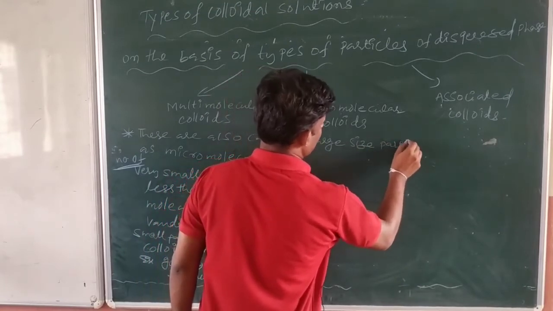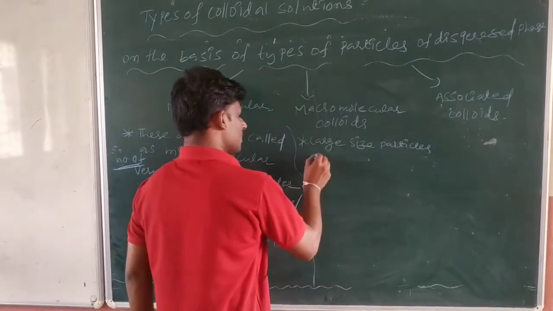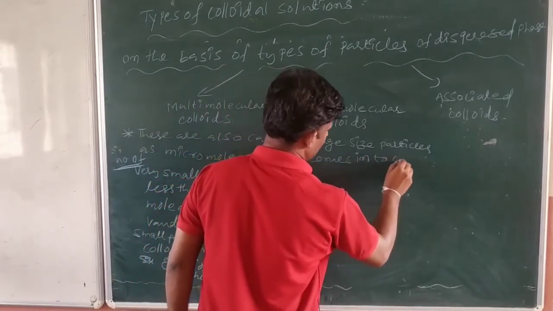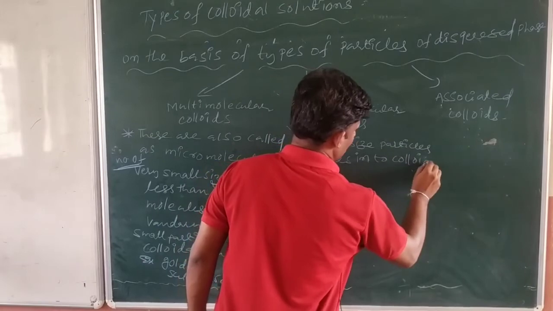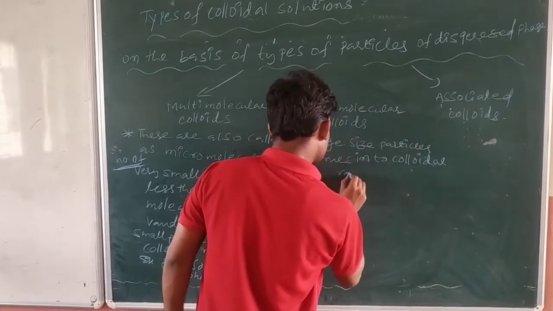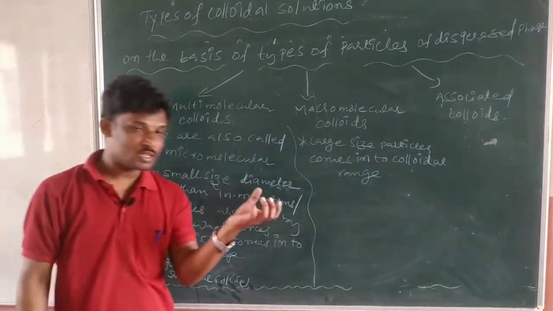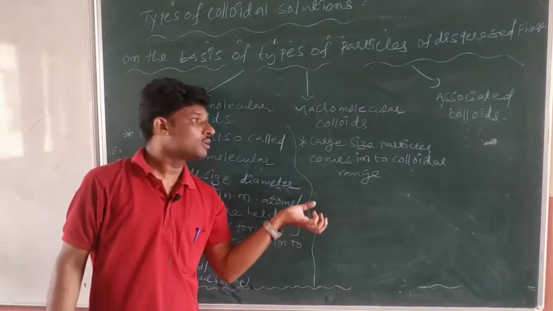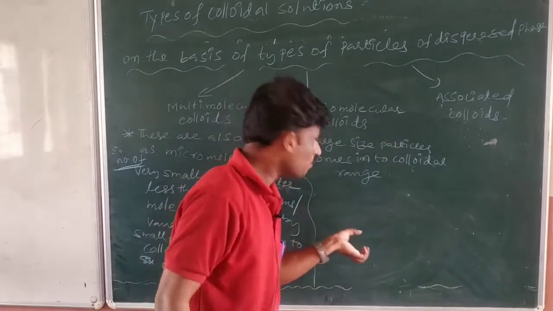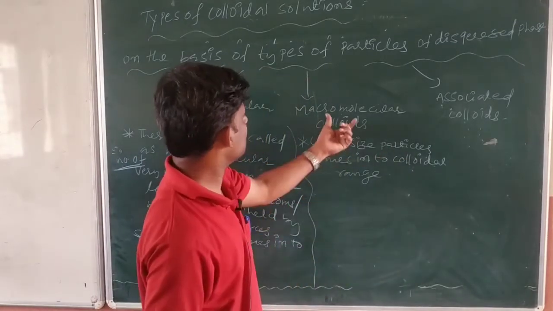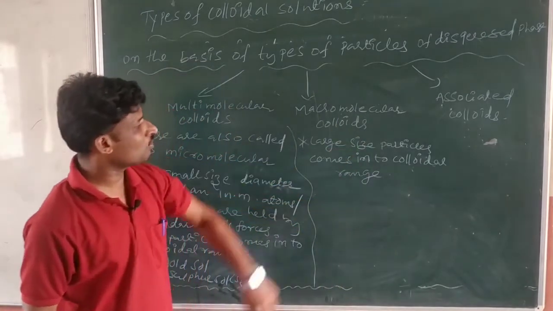What is forming here? Macromolecules, meaning the molecular or atom size is more. So these dispersed phase particles are large, and that's why macromolecular colloids are forming.